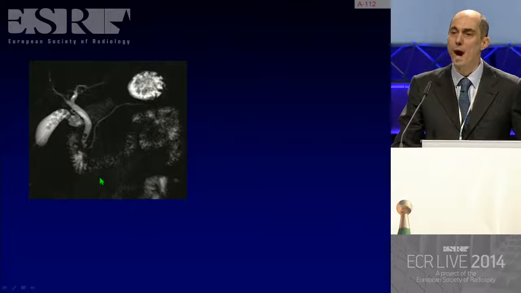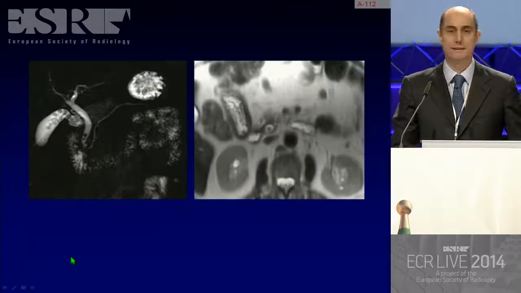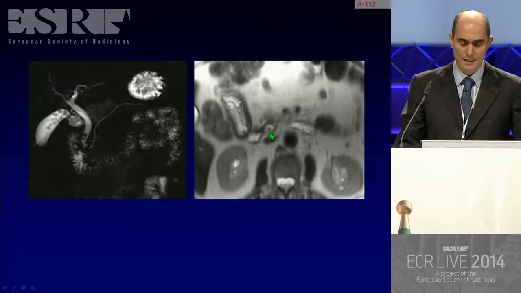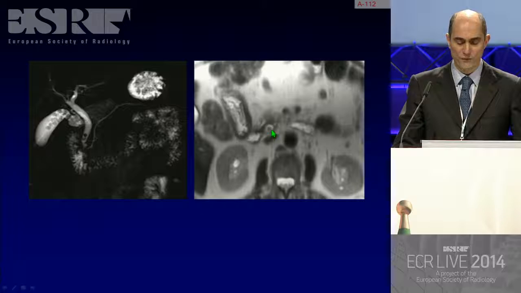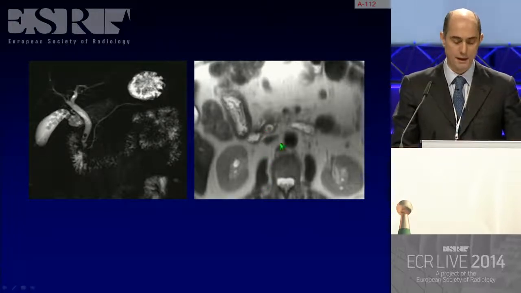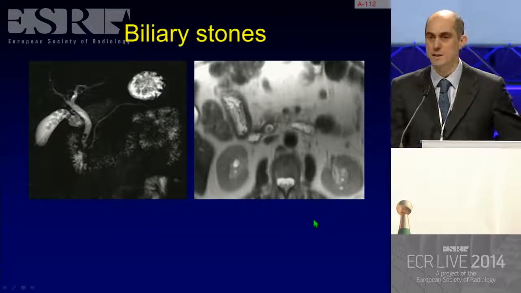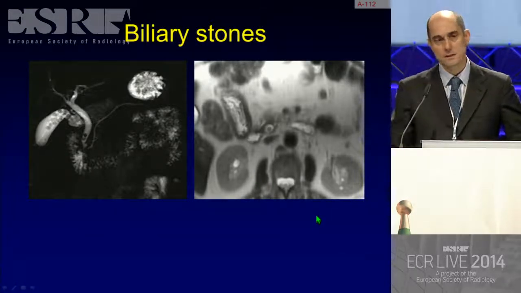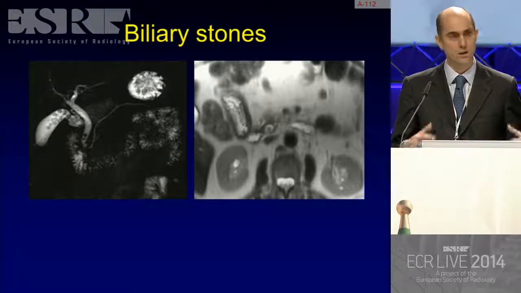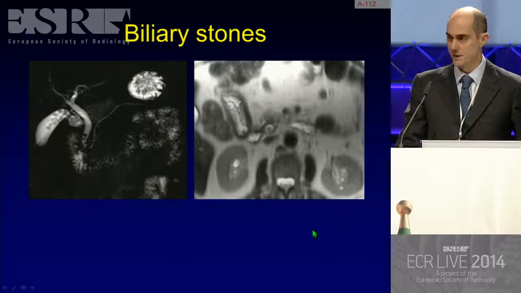And when we combine this MRCP image with the axial T2 weighted images, we do see this central dot sign that is typical of a biliary stone. So this is a typical patient with cholestatic pattern. We do a sonography, we do an MR, and we have biliary stones.